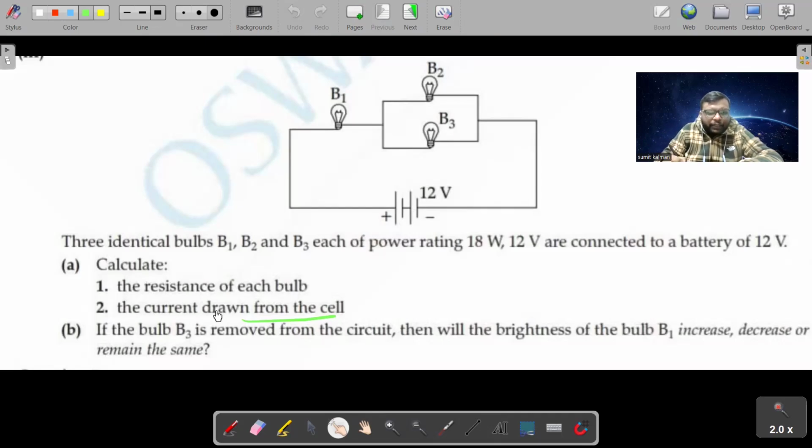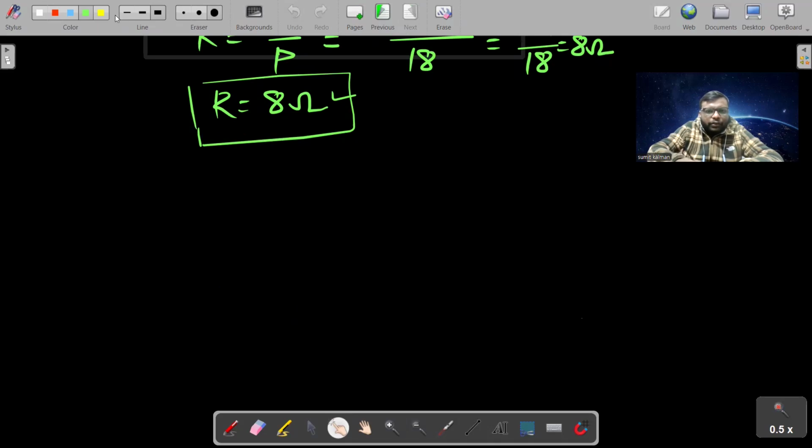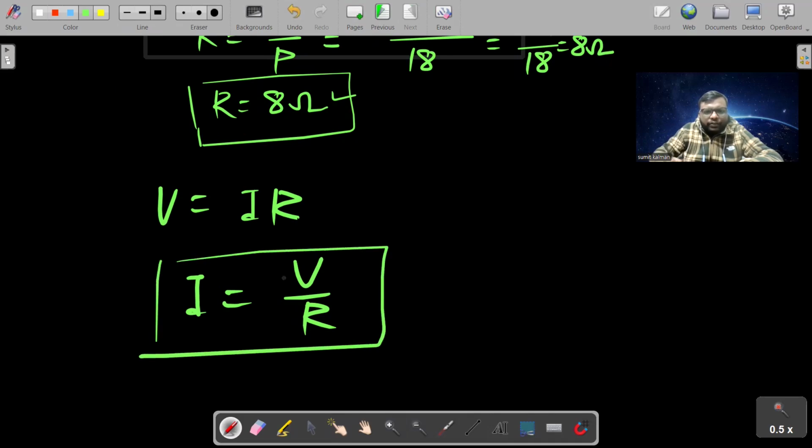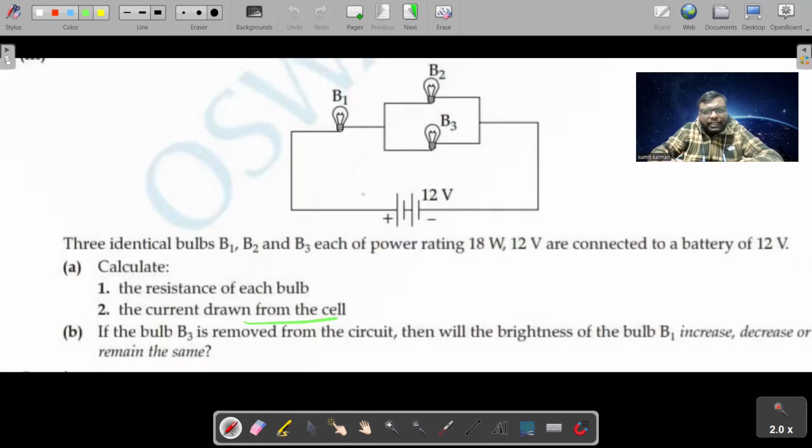Students, in part B, we have to calculate the current drawn from the cell, and from Ohm's law, we know that V is equal to IR and I is equal to V by R. And students, here we know the voltage, and if we are able to calculate the equivalent resistance of this circuit, then we can calculate the current drawn from the cell.